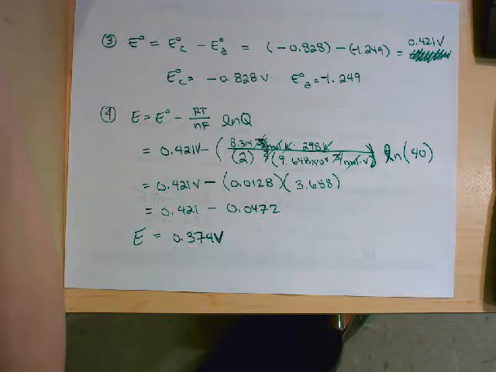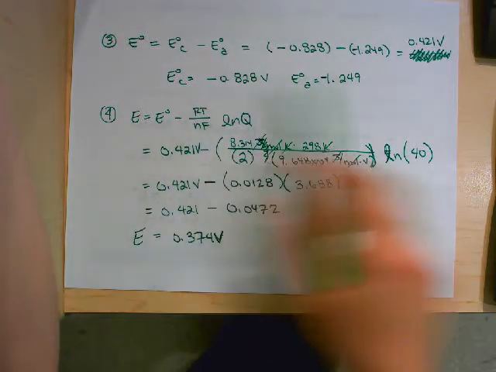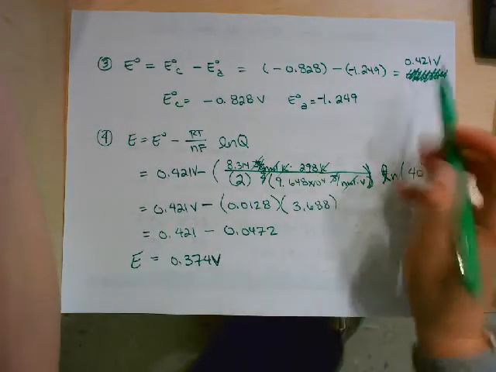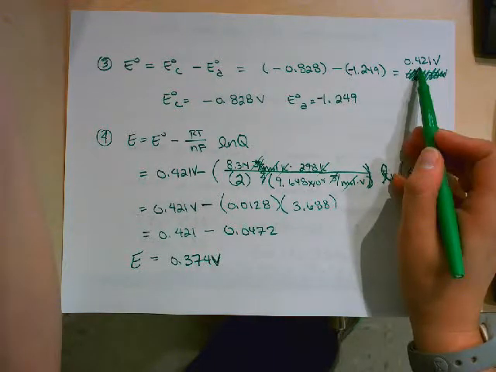If the products are high, compare the reactants. Alright, Q is greater than 1, E is less than E0, which means it's going to produce less voltage than expected, because it's going to want to come back towards reactants. If I was at 1 molar, I would make 0.4 volts.